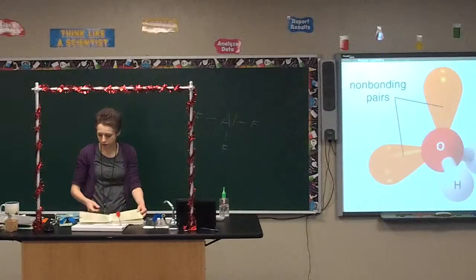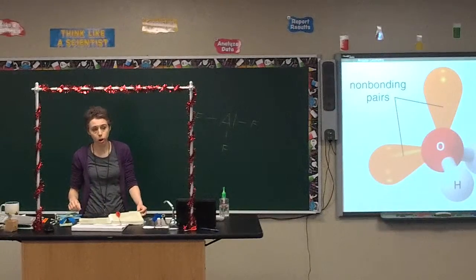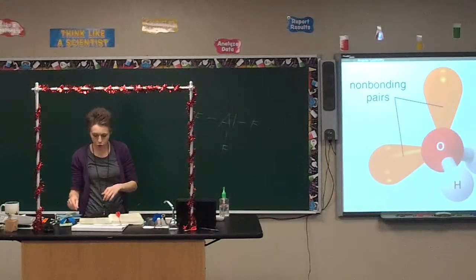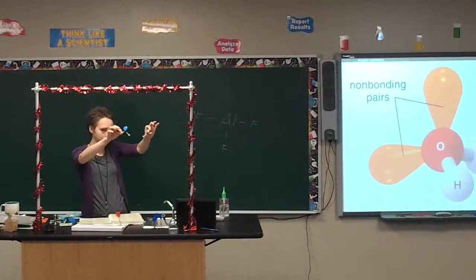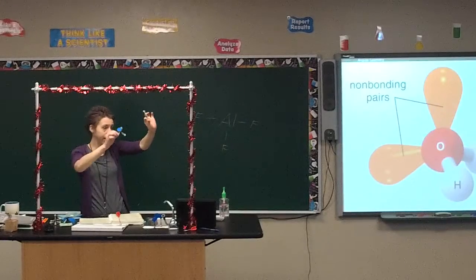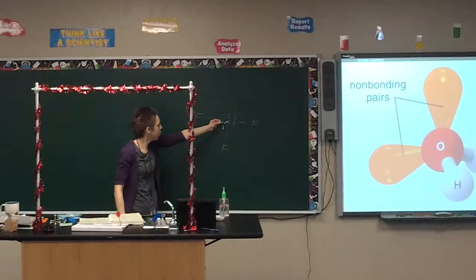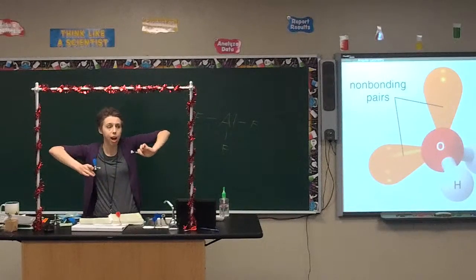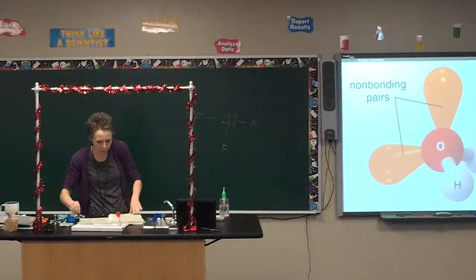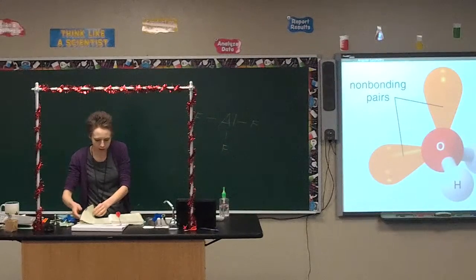Trigonal, but which one? Because there's no other pair of electrons, which way do they get as far apart as possible? Planar. They want to get as far apart from each other as possible, so they can be entirely flat because there are no other unpaired electrons around to push them down together.